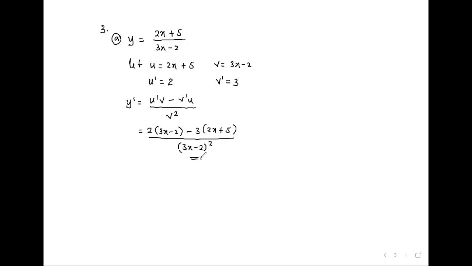Of course, you can simplify the numerator there. You can expand: 2 times 3x is 6x, minus 4, minus 6x, minus 15. So we have 0 here. So we get minus 19 over (3x minus 2) squared. Like that.